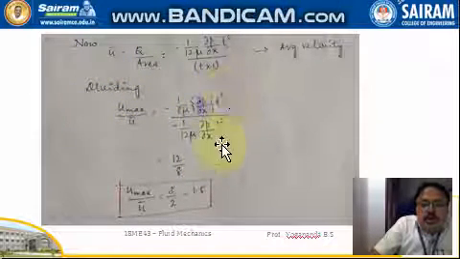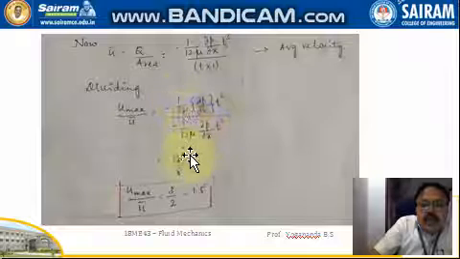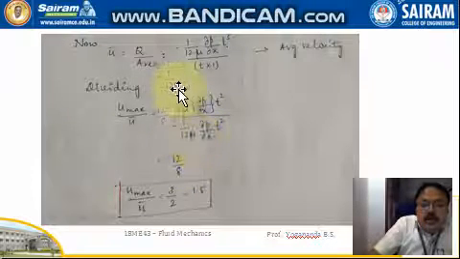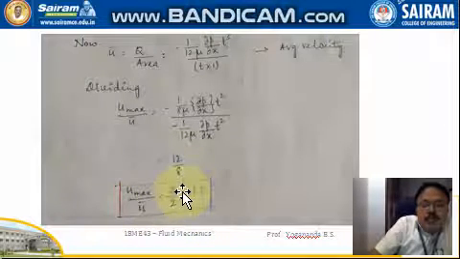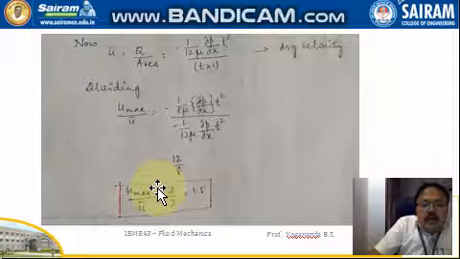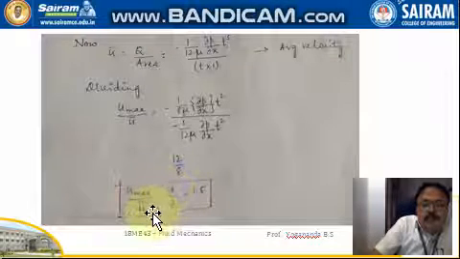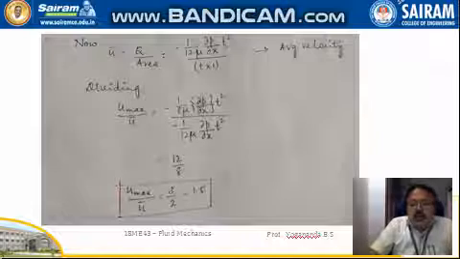Everything gets cancelled except that 12 goes up and 8 comes down. So 12 by 8 is nothing but 1.5. So it is proved that the ratio of maximum velocity to average velocity is 1.5 here. Thank you.